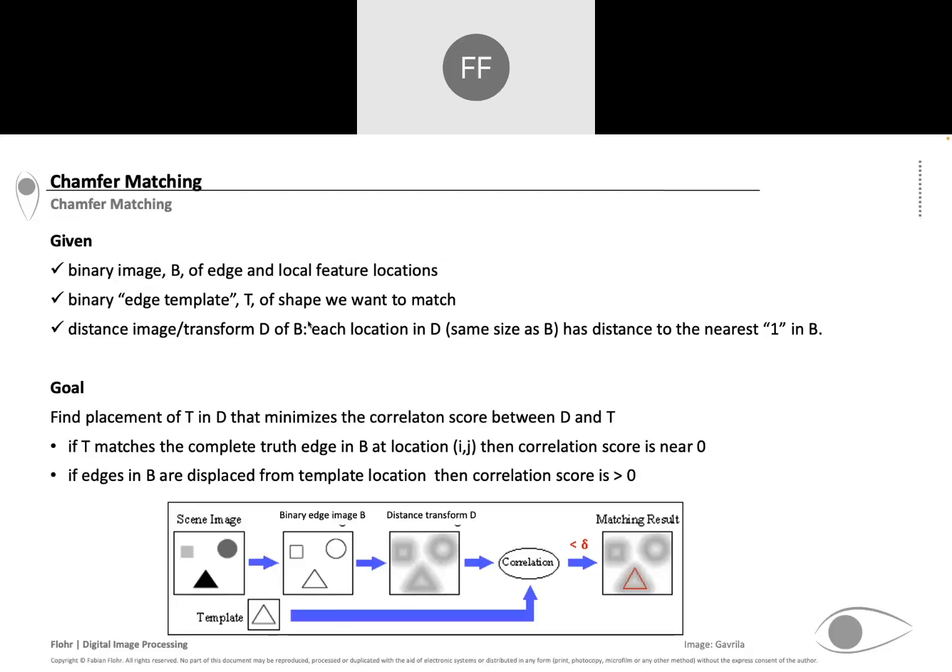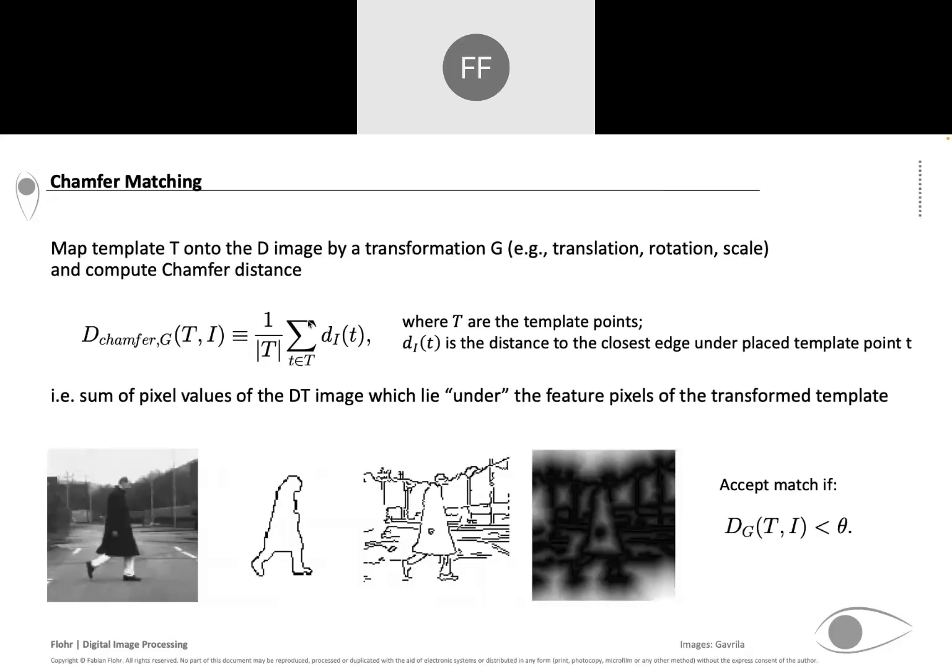And we do not get immediately a 0 response if we are only a few pixels away from the good location. So this is the advantage of that. It's basically a smoothing of the edges, and it allows for some errors in the template locations. And indeed, this was also applied, for example, in pedestrian detection 20 years ago.